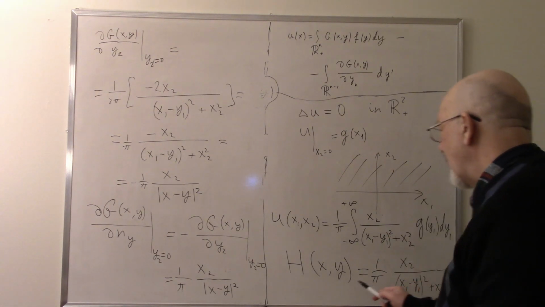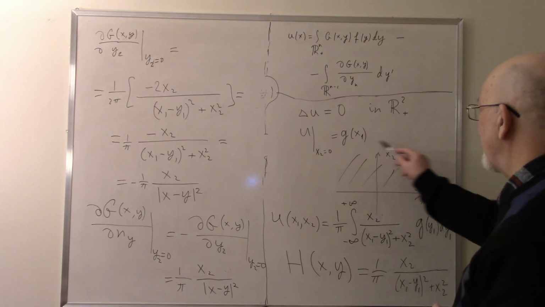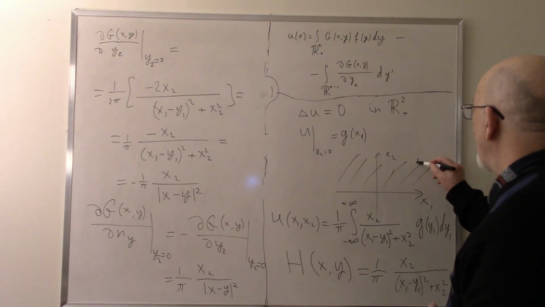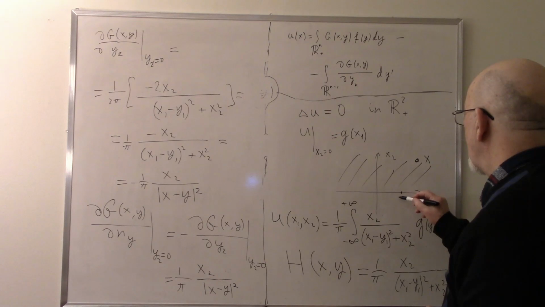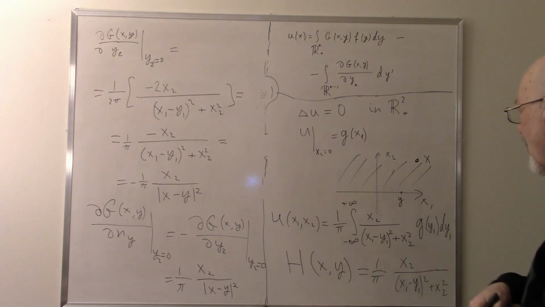Now here x is in the upper half plane, and y is on the boundary, where y2 equals 0.